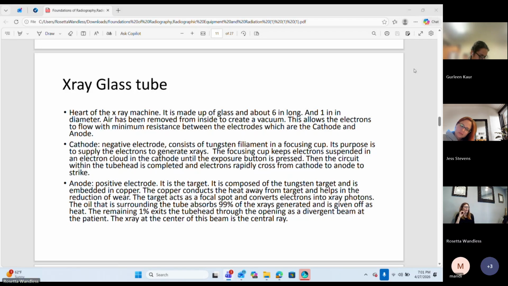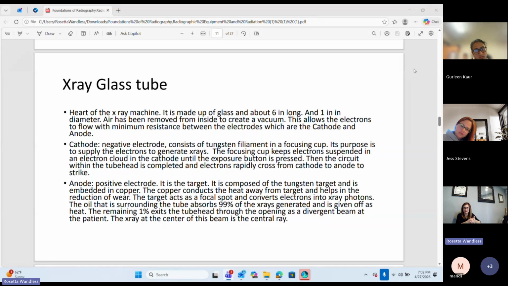Why we have copper there, I talked about 99% of this going as heat, right? What's a great conductor of heat, everybody? Copper. That's why copper pans are wonderful. So copper is going to absorb that 99% heat that's generated when those electrons ram into that target, that bremsstrahlung radiation.